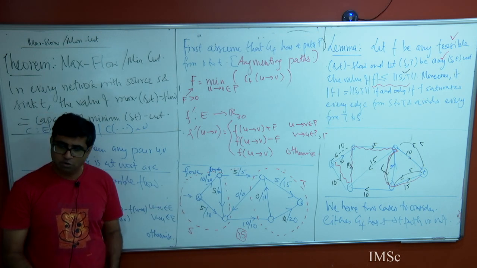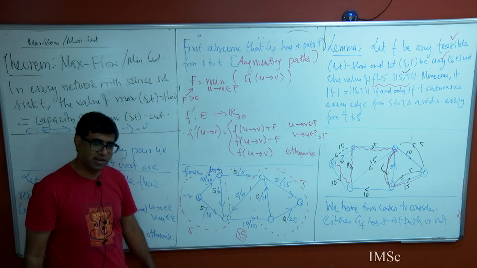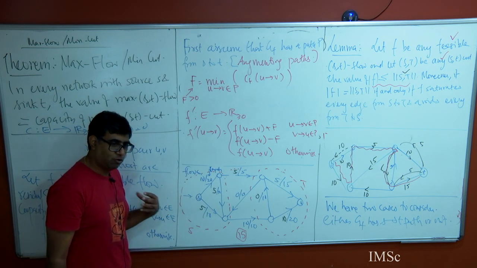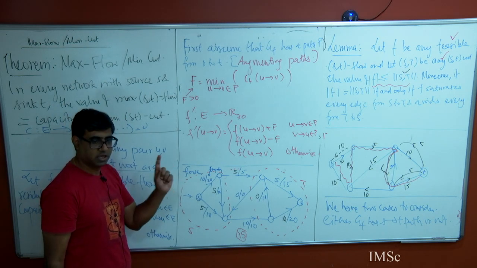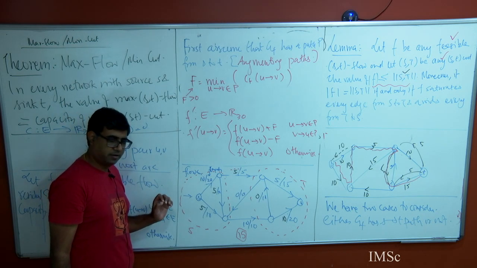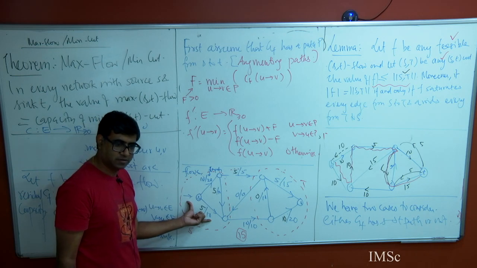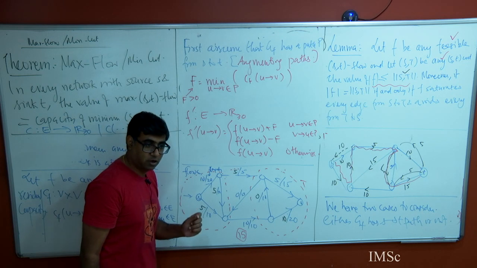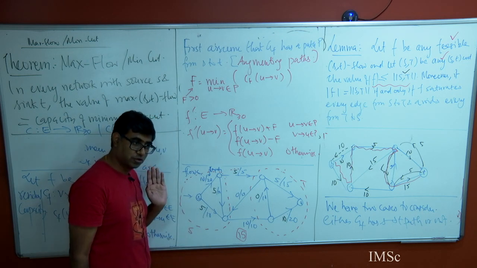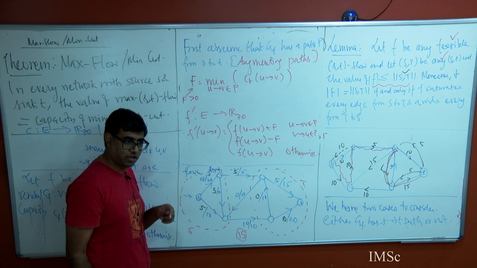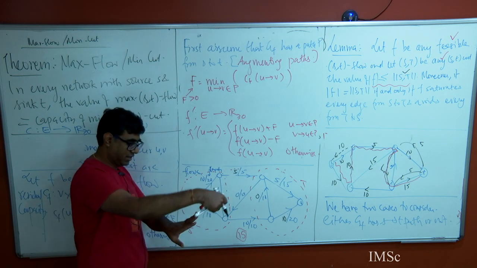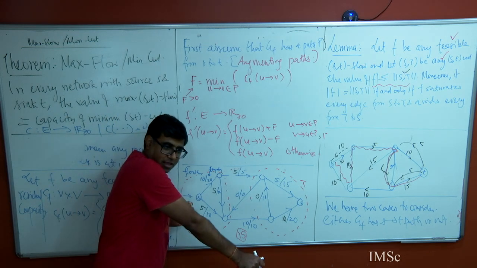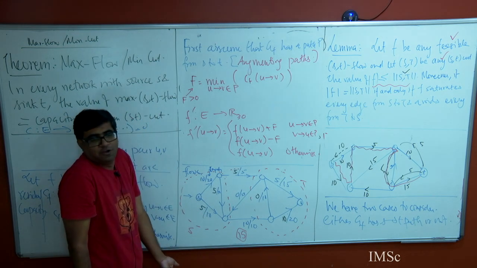Now, do you know why the flow will always increase using this? Look at this path. On this path, there is only one edge coming out of S, and that is a real edge in my graph, because S is a source. Either the edge goes back, then I cannot use that in the path. So you are sending on a real edge, and for every other edge, flow is not changing.